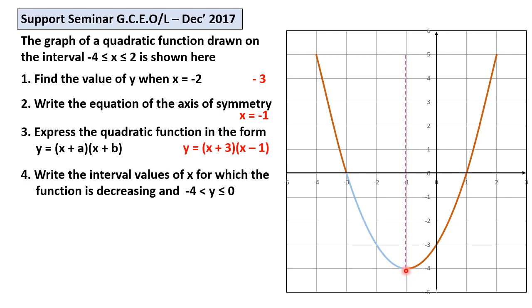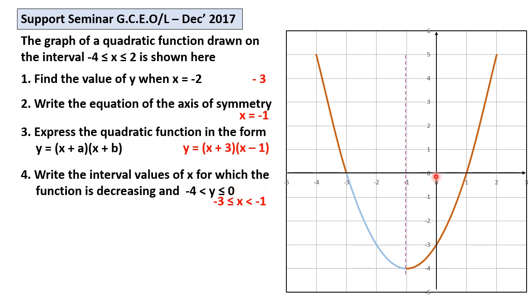Therefore, what is the interval of x values? When you consider this blue color part, the x range is between minus 3 and minus 1. So when you are writing the answer, the x interval is going to be between minus 3 and minus 1. But one thing to be considered here: there is an equal sign in the given range, y less than or equal to 0.